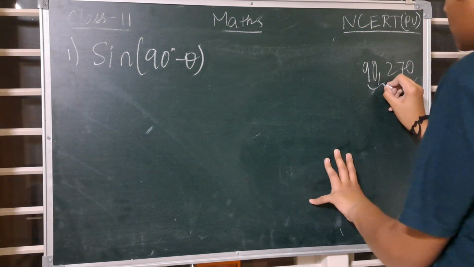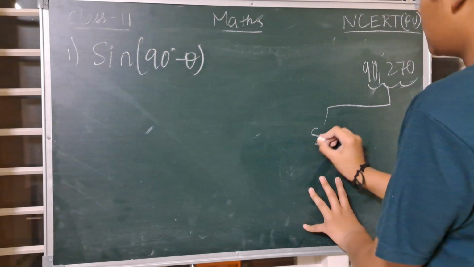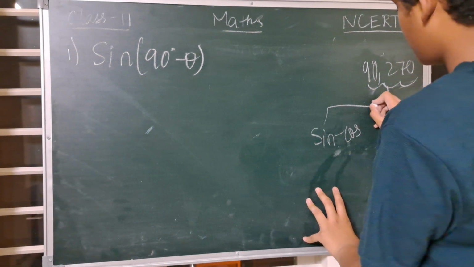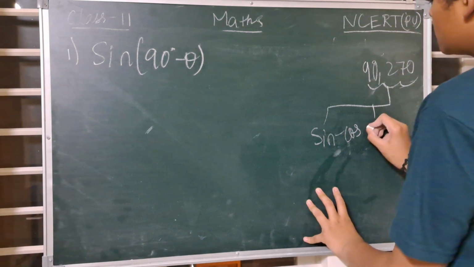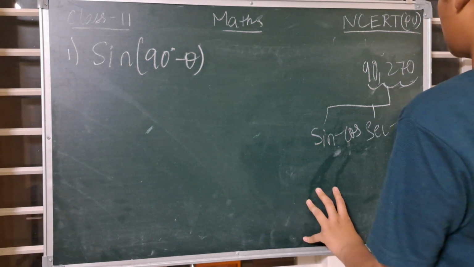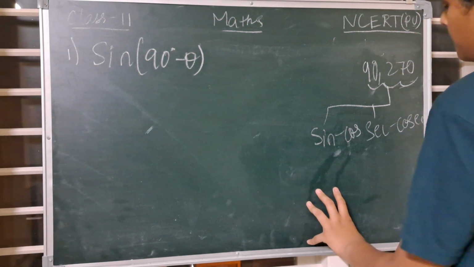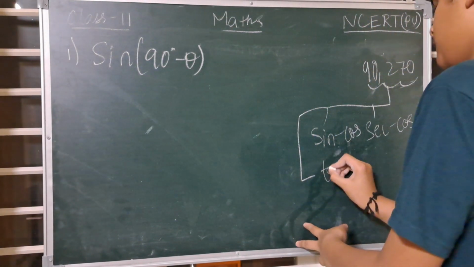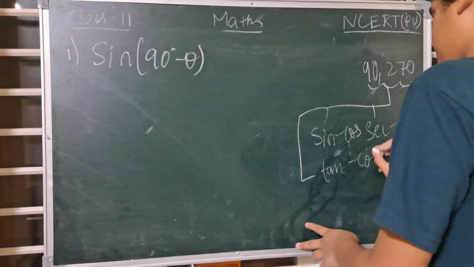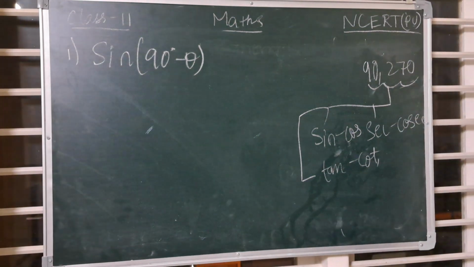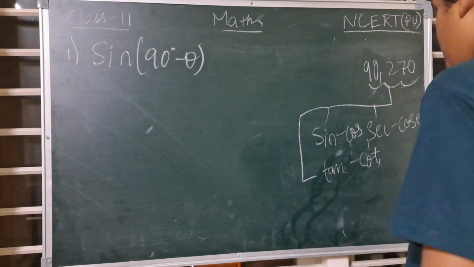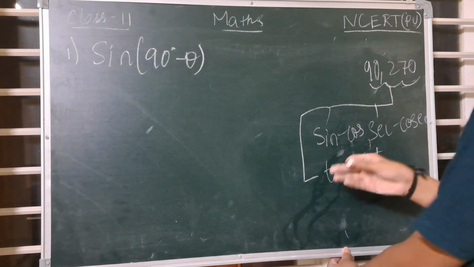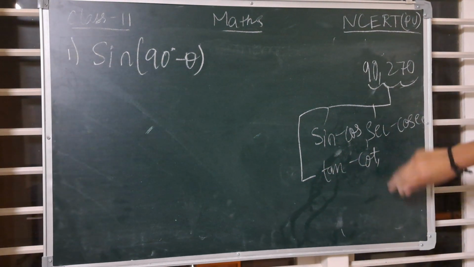Here sine will change to cos, secant will change to cosecant, and tan will change to cot, and likewise cos to sine, and cosecant to secant.